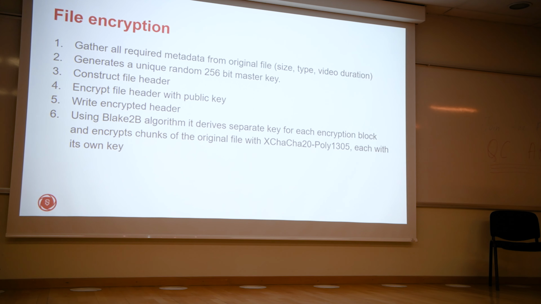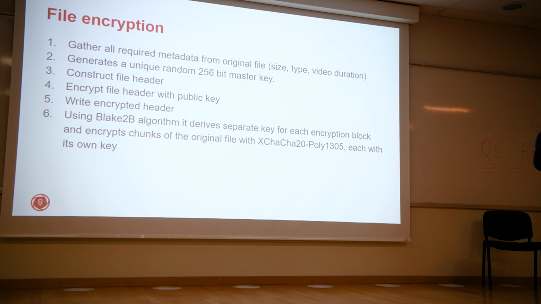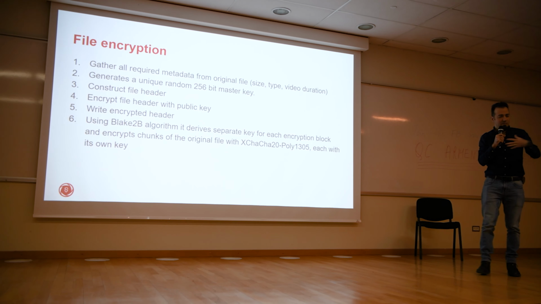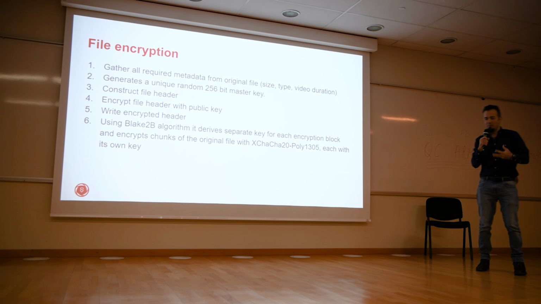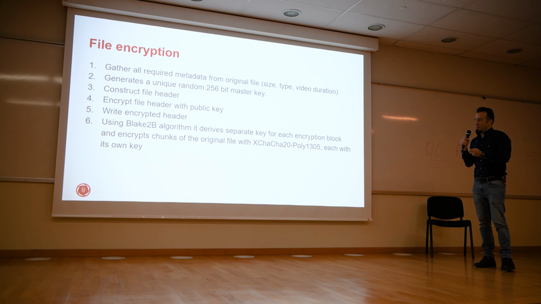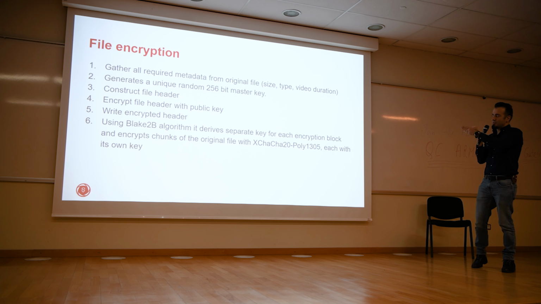So to encrypt a file, we have a file, we want to encrypt it. We gather all the metadata, like its size, its type, its video duration, all this kind of stuff. Then we generate a 256-bit random master key.